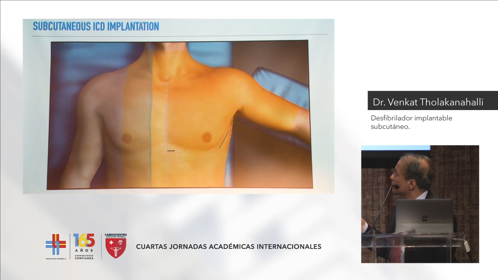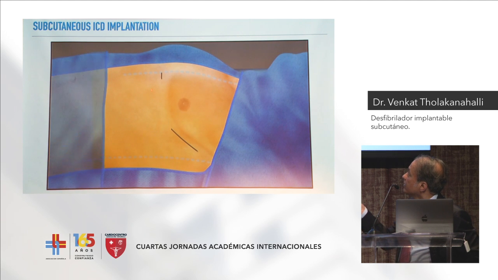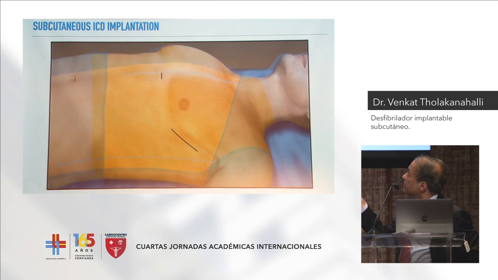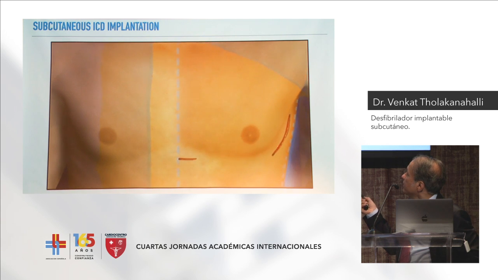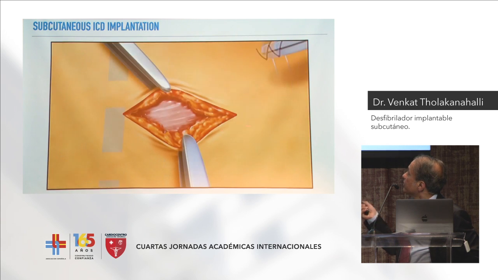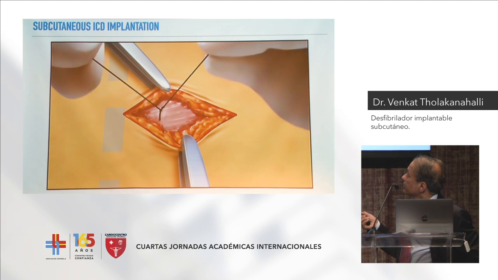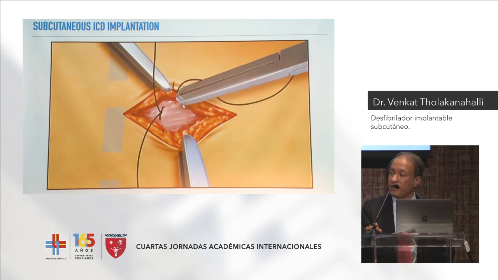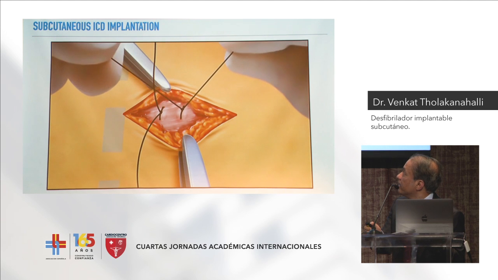Sorry for the delay. So basically what I'm trying to say is you make a little incision and then you use a tunneling tool. You actually place the tunneling tool connecting between these two, and then once that is done, then you connect the tunneling tool edge and pull the lead into this from here to here, and then you suture the lead there, and then you make another tunneling going up north right next to the parasternal location up to the second rib area.